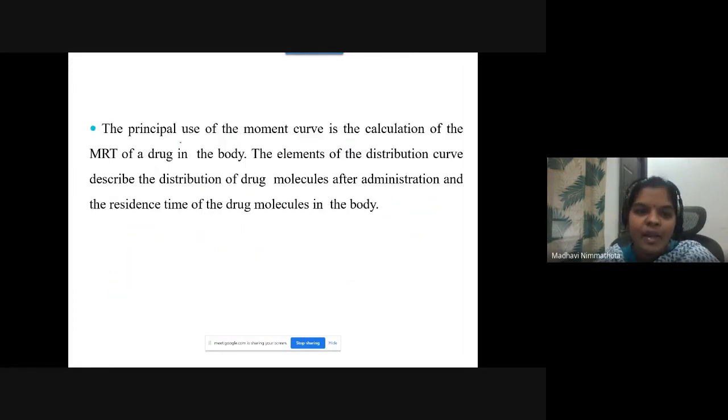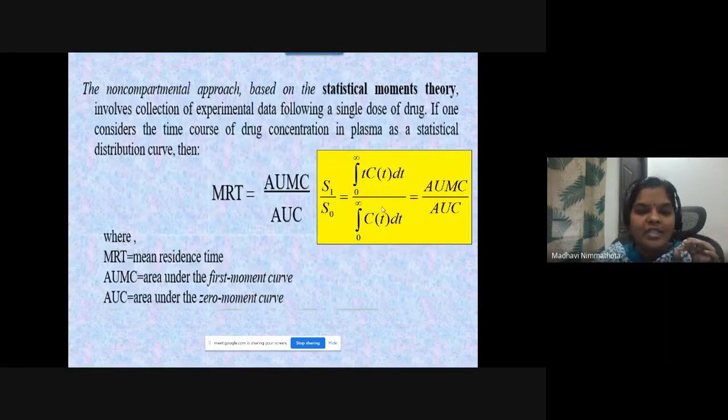The principal use of the moment curve is the calculation of the MRT of a drug in the body, the mean residence time of a drug in the body. The elements of the distribution curve describe the distribution of drug molecules after administration and the residence time of drug molecules in the body. The next important point is how you can analyze this mean residence time of a drug moiety in your body.